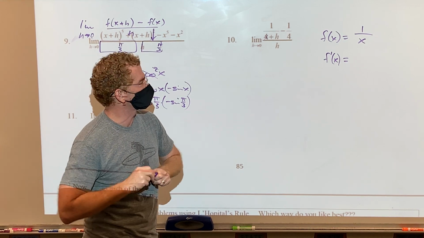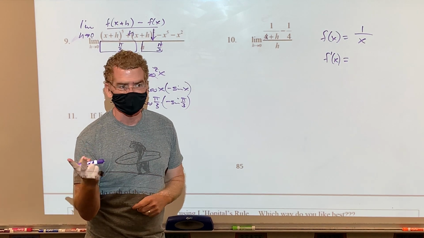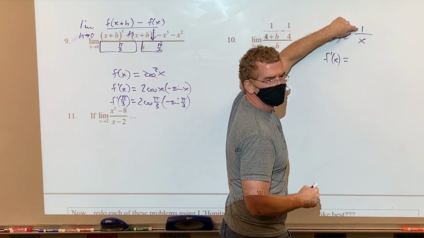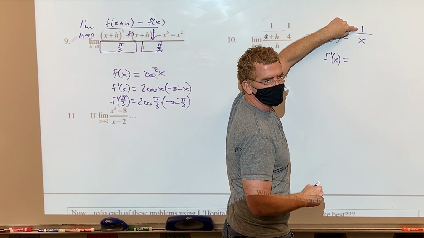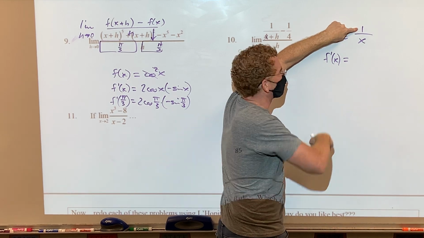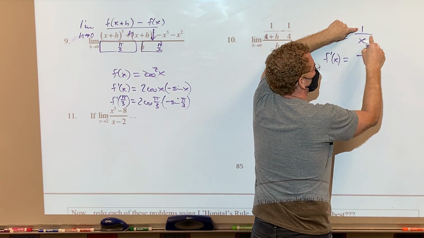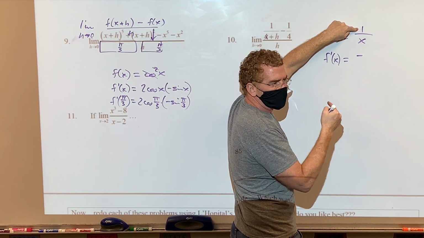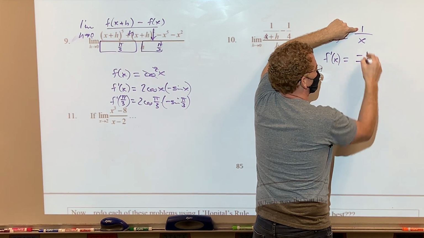Careful. What's the derivative of 1 over x? You got two options. One, quotient rule. What's low times the derivative of the high? The derivative of high is 0, right? So that's gone. Minus high times the derivative of the low. What's high times the derivative of the low? 1 times 1 over the low squared.